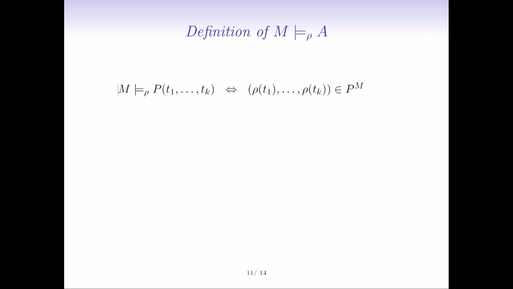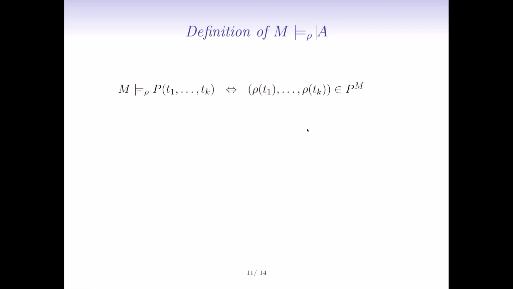Okay, so now I can go on to give the definition of the relation M models rho A, or M and rho make the formula A true. So I'll give it by induction on the structure of A. So in the case where A is an atomic formula, we already saw that if A is a predicate symbol P applied to terms t1 to tk, that is made true in M and rho if and only if the interpretations of the terms belong to the interpretation of the predicate symbol.